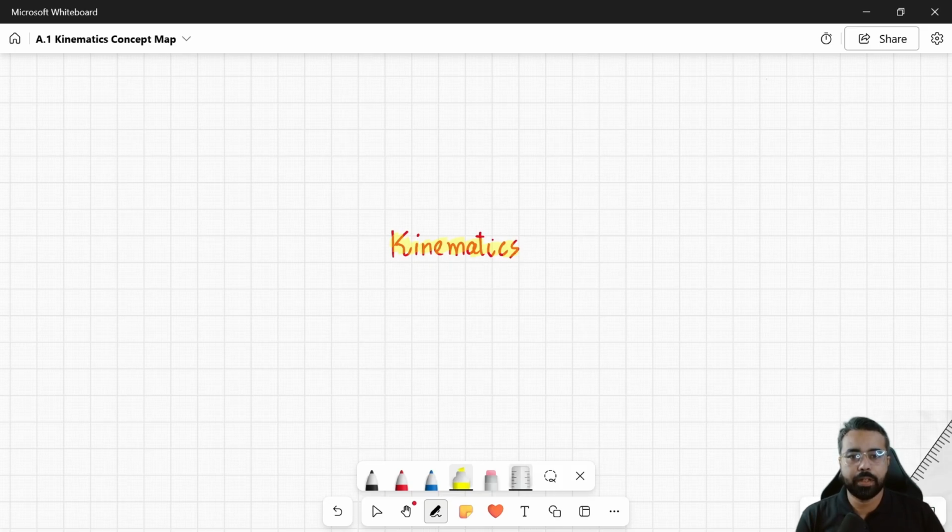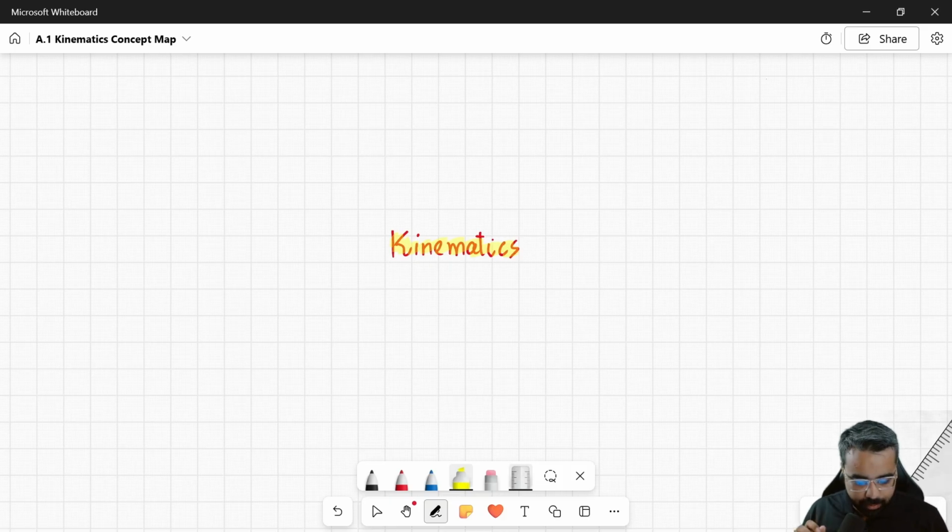I will explain the equations of motion as well as two-dimensional motion, which includes especially projectile motion. All of these things will be so connected that every concept you will understand in a very streamlined way. So let's jump directly into the lesson without wasting any more time.